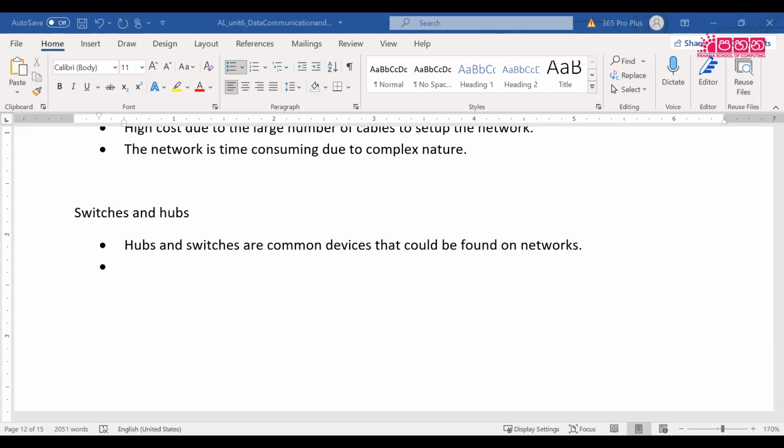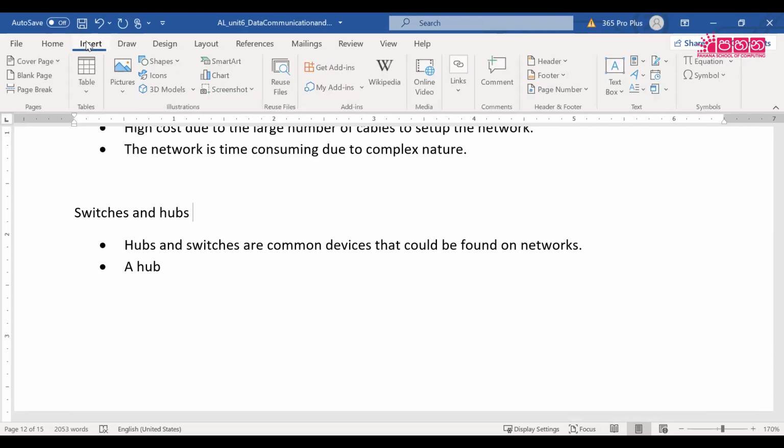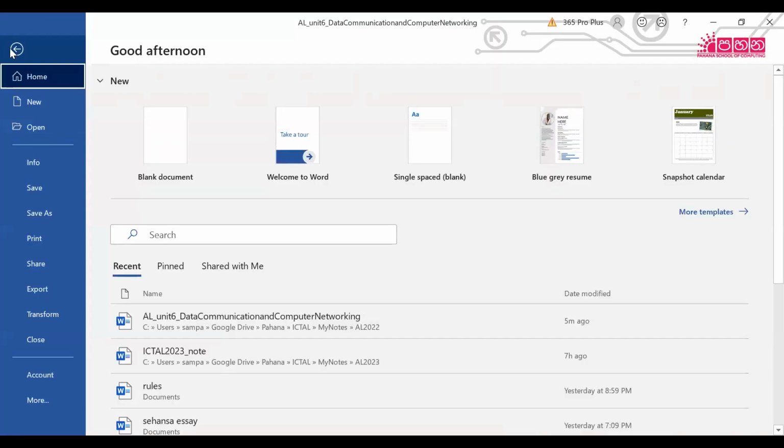So let's start with the hub. A hub usually looks like this. I hope you have already seen it. Let me show you a picture of this, right? Let me paste it.